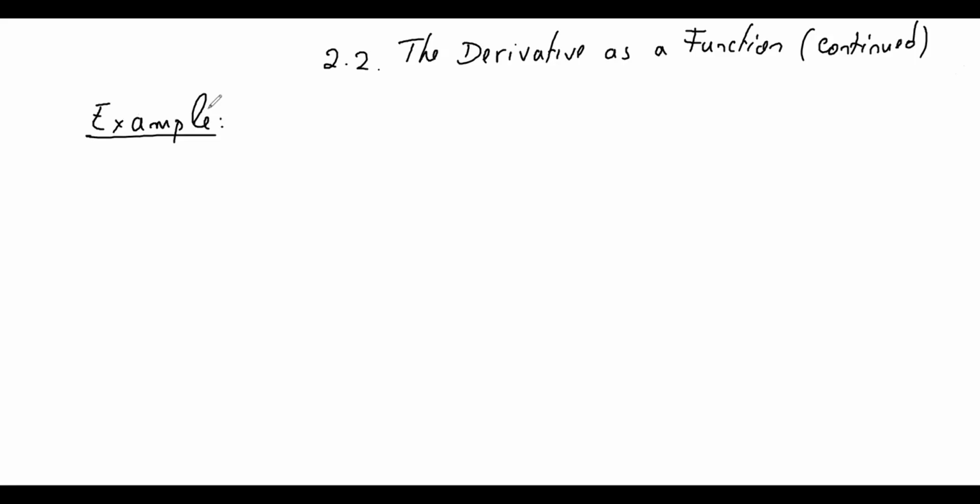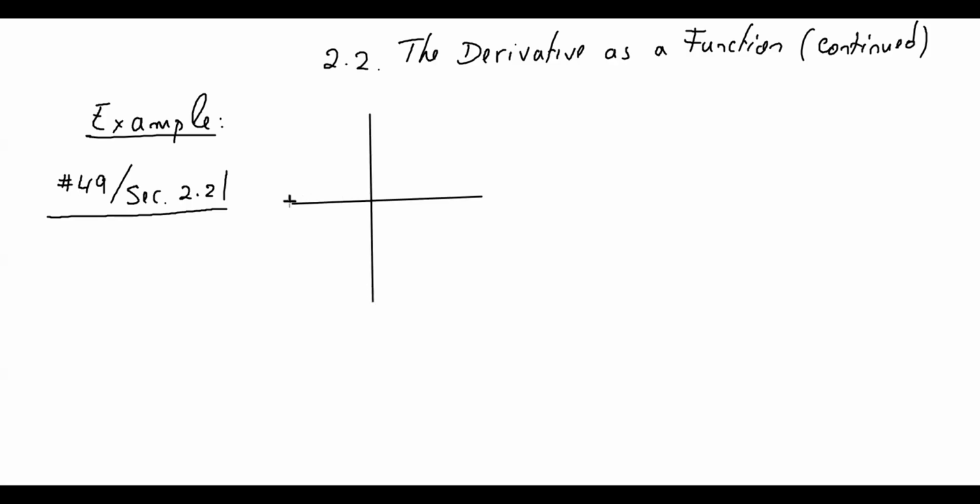It is question 49, and this is a question that I like to do all the time. Question 49 of section 2.2 says the following, and I'm going to draw here, so bear with me for a minute or so until we get this graph straight. There we go, we have this graph, and there's another line here.